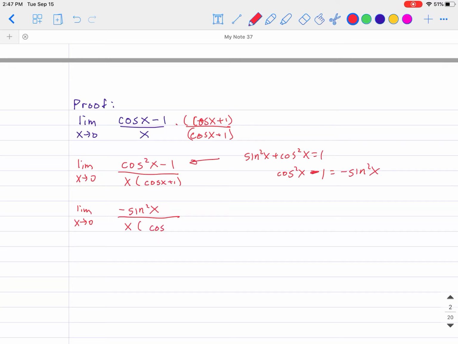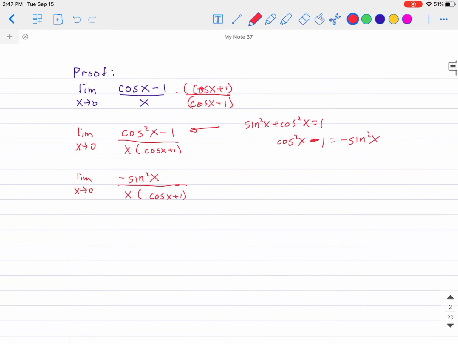Limit as x approaches 0. And then we're going to have negative sine squared x divided by x times the cosine of x plus 1. And now we're going to sneak everything in. We're going to take that fraction and break it up into parts so we can see the limits. The first one will be the sine of x over x that I wanted.